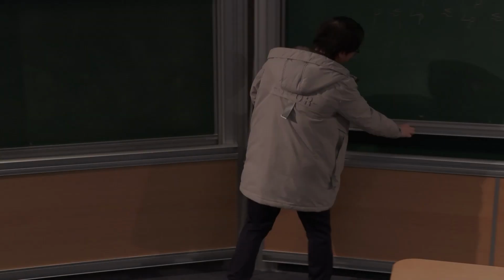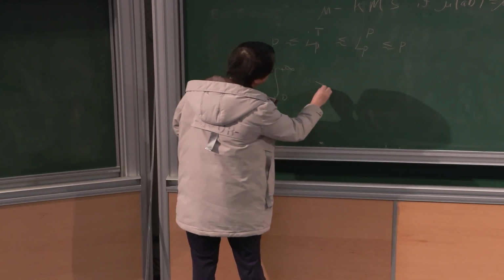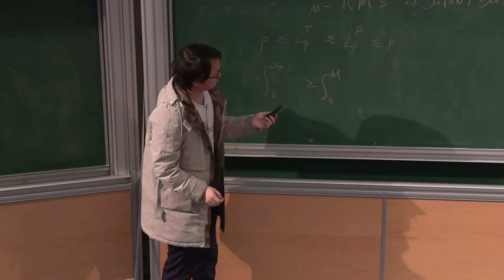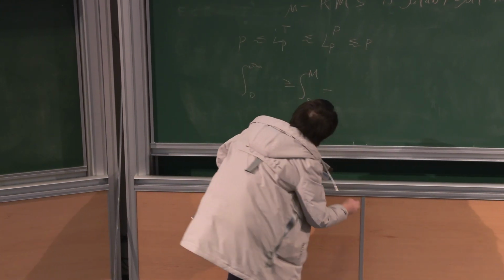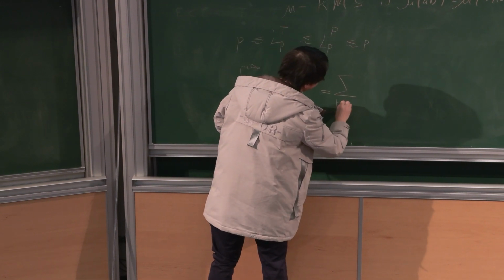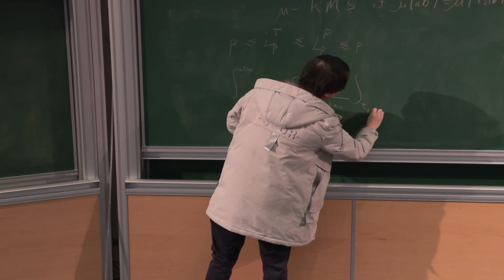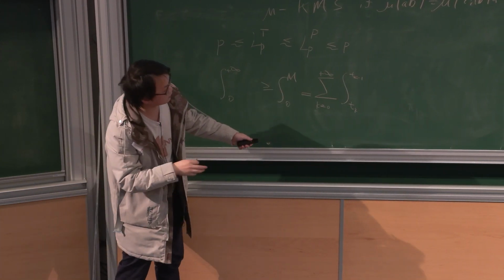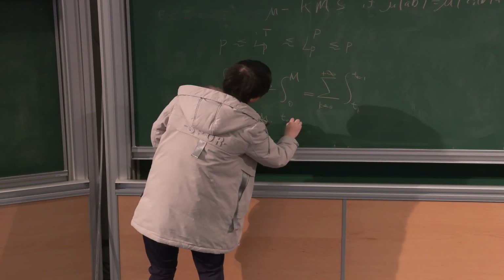This integral is bigger than the integral from 0 to a constant m, and we divide the integral from 0 to m into very small intervals, where t0 is m and tn goes to 0.